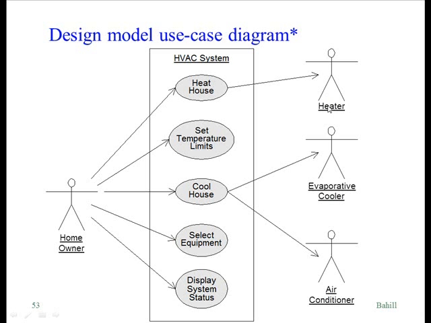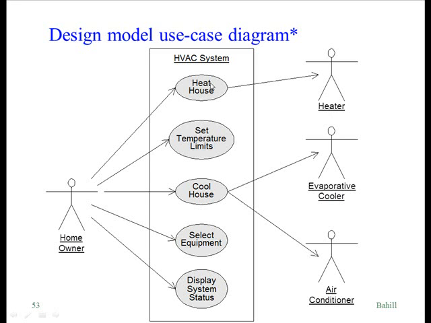Heater heats the house, right? Yeah, it does heat the house. So will it be the other way around? No. So, okay, I see your point. The question is, should we have this arrow pointing back because the heater is going to heat the house? No, this is a use case diagram. We are looking at the interaction. When we have a use case, we are basically portraying the function that the system is going to perform.